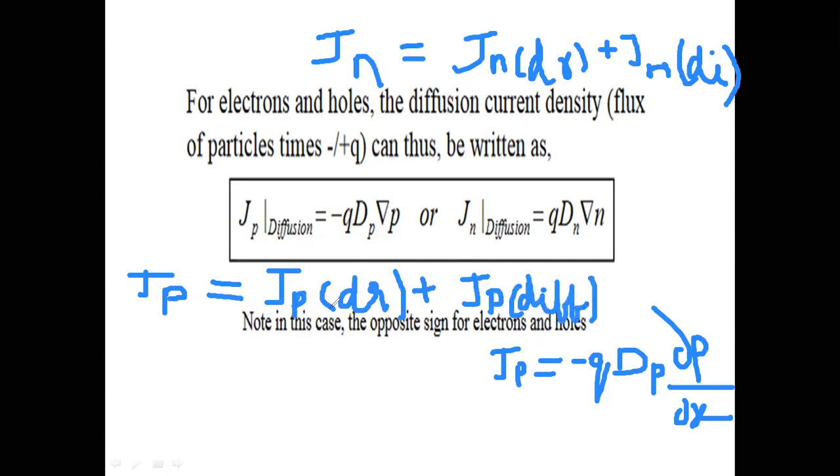Jp drift means Q into p into mu p into E, and Jp diffusion means minus Q Dp dou p by dou x.